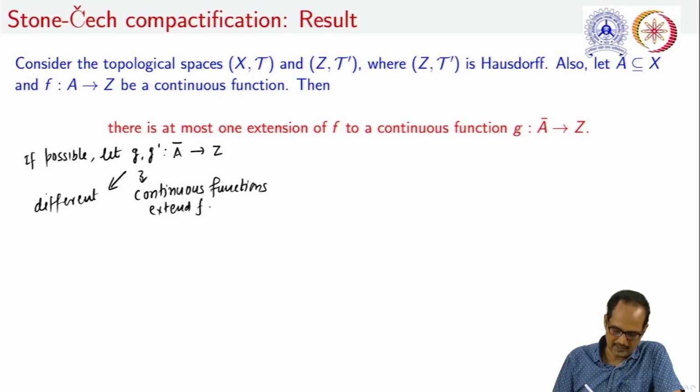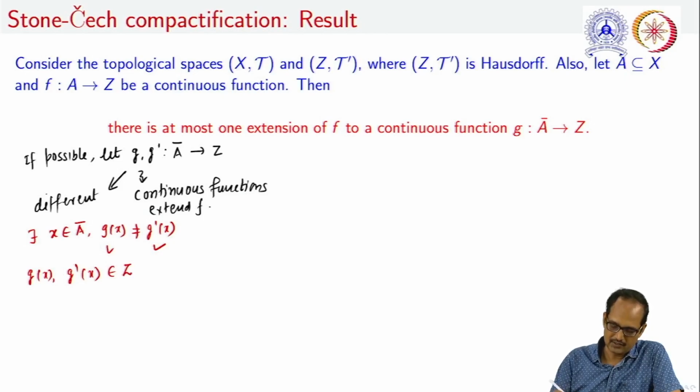Now what will happen if these two are different? There exists at least one x in the closure of A so that g(x) is not equal to g dash(x). But at the same time, g(x) and g dash(x) are elements of Z. And what is this Z? This space is Hausdorff.